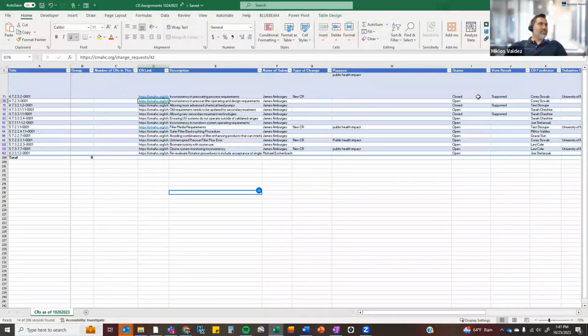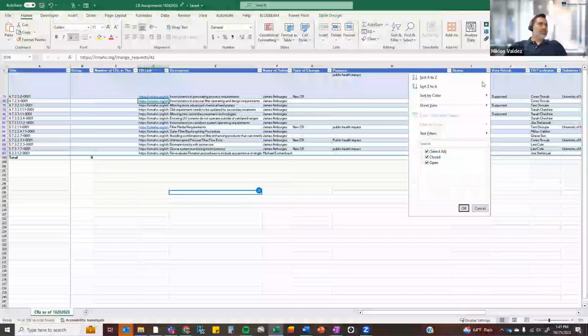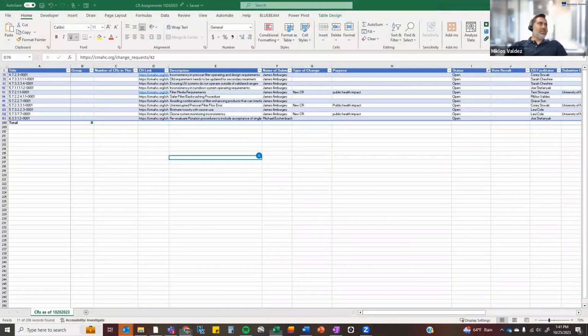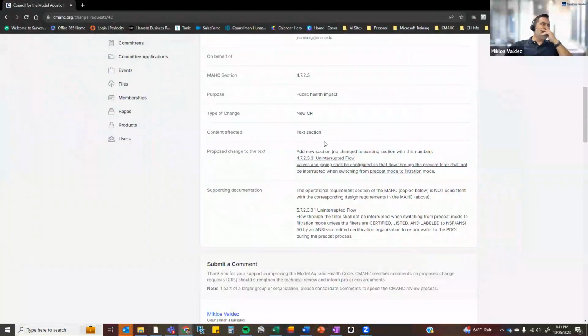No, this is the same issue, different part of the section. So adding a new section, adding uninterrupted flow to 47233: valves and piping shall be configured so that the flow through the pre-coat filter shall not be interrupted when switching from pre-coat mode to filtration mode.